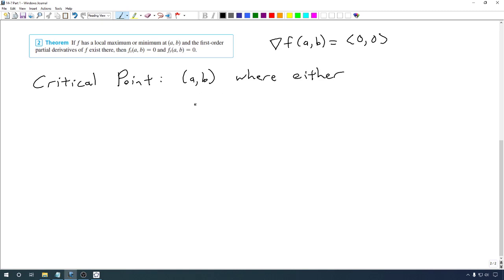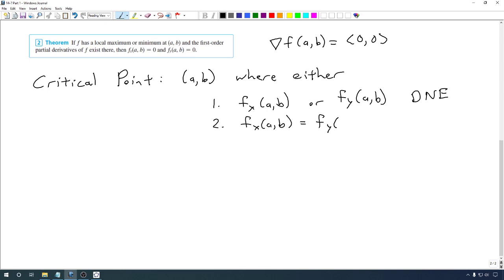So either one of these does not exist, or two, both of them do exist, and they're both equal to 0. We call that a critical point.